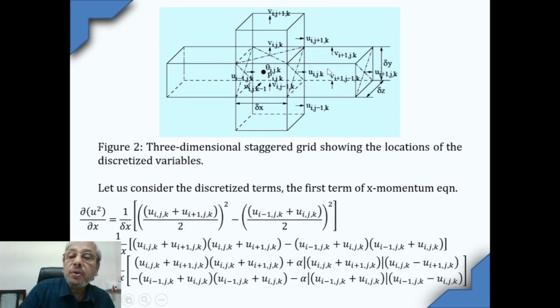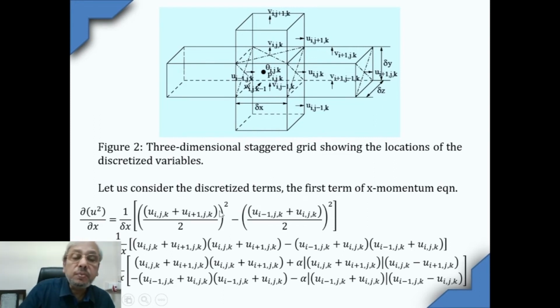This U, which is not shown here, is the average of Uijk plus Ui plus 1 jk, squared. So basically for U square we write del X as a central difference. That means U at the center of the cell, squared, divided by delta x. So 1 by delta x.